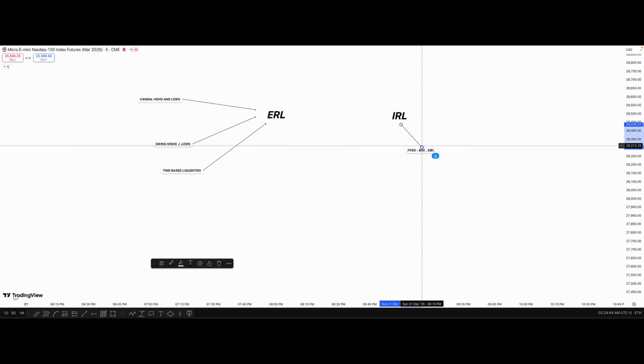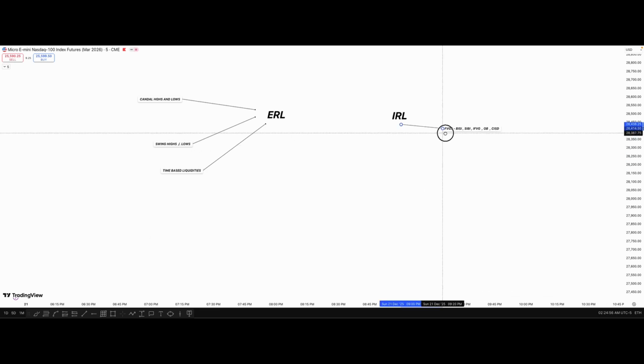We have inverse fair value gaps, and what else? We have order blocks, right, all of those things.